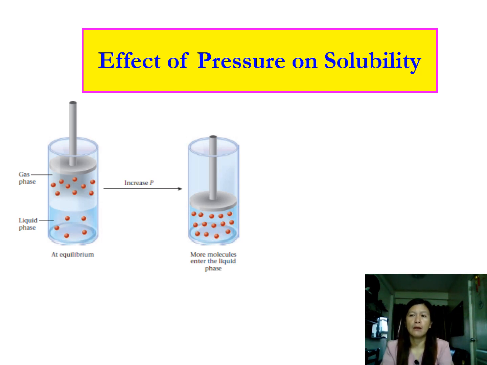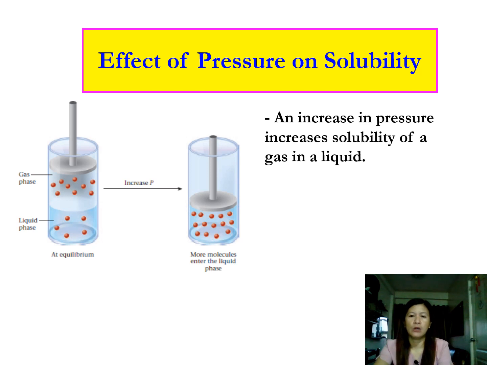Meaning greater attraction or greater connections between the gas and liquid phase. Or in short, there is greater solubility of gas in the liquid when pressure is added. So generally, an increase in pressure increases solubility of a gas in a liquid.